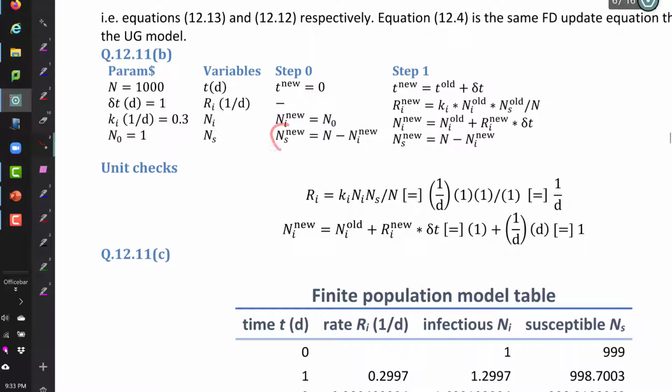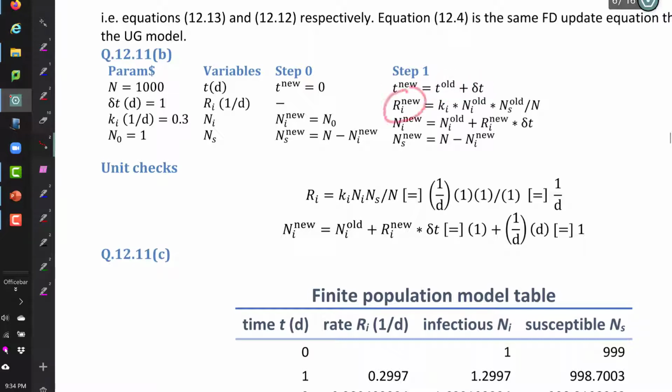And there's a formula for calculating the new number who are susceptible, and it's just the total number minus the number infectious, right? So these two things have to add up to N, so this formula is just a consequence of that.